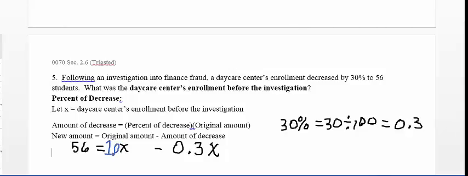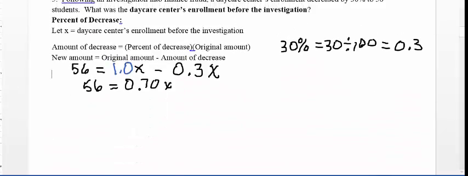Now I have to understand when I go to combine X and a negative 0.3X, there's an unwritten 1.0 in front of that X. So 56 is actually 0.70x. So when I do x minus 0.3x, I'm really doing 1.0x minus 0.3x. And you don't need to write 0.70, you could just write 0.7.